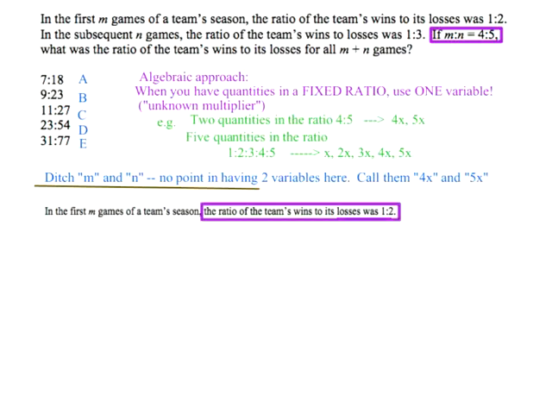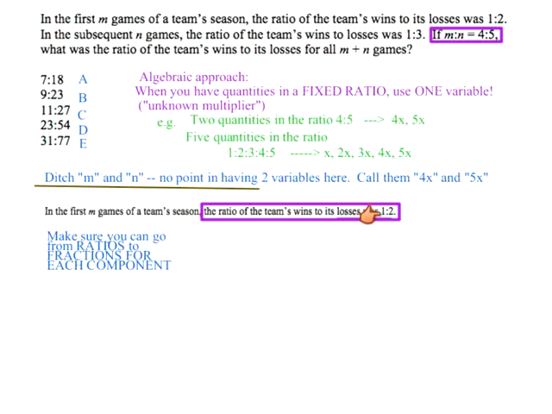What does this mean? This means what fraction of those games were wins and what fraction were losses? In other words, make sure you can go, yeah, it's 1/3 and 2/3. Make sure you can go from ratios to fractions for each component.